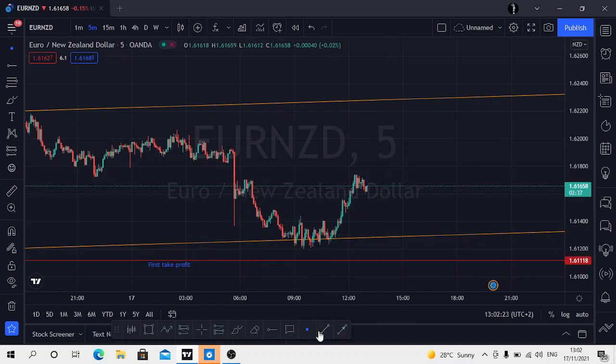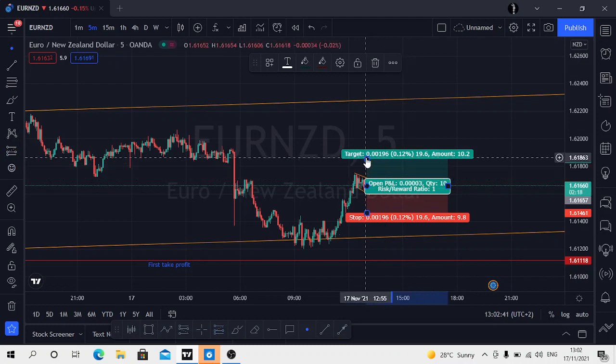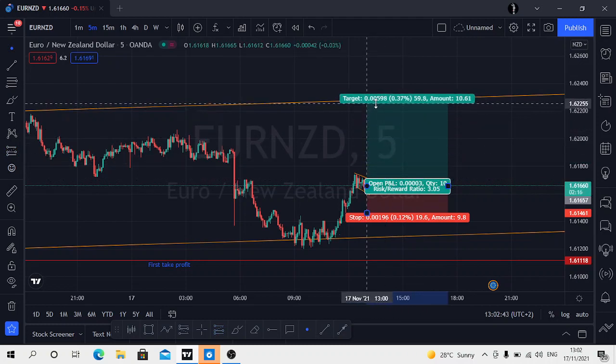So let us draw our levels right here. Price has rejected off these levels, and we can also see that price has found support in these particular levels. So this would be a good place for us to place our entries, our buy entries, all the way to the upside. So we will be taking this all the way up here.